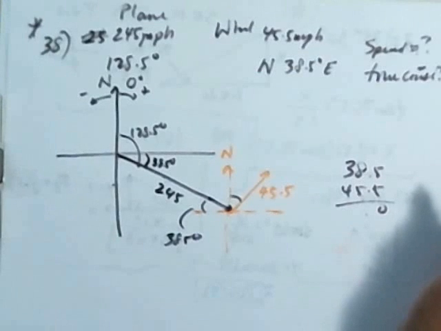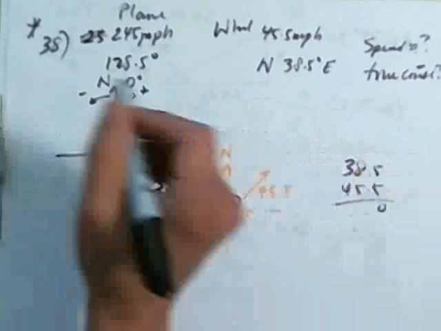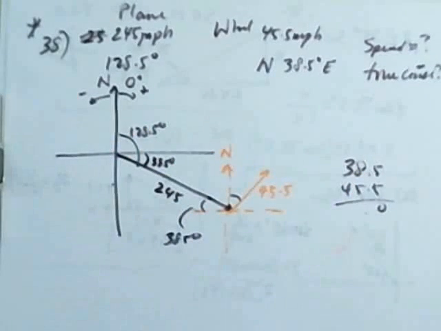Am I even doing the right problem here? It has to make 90 degrees. Let me look at this on my calculator really quickly. 128.5 minus 90 is 38.5, plus 45.5 is 84.